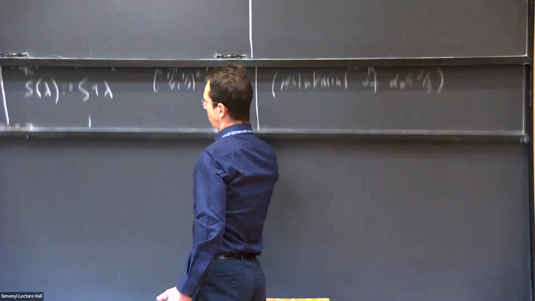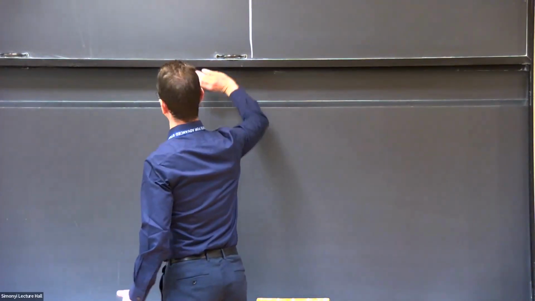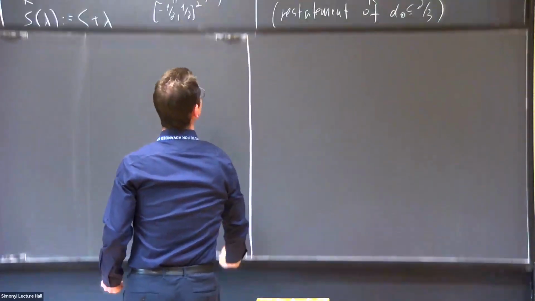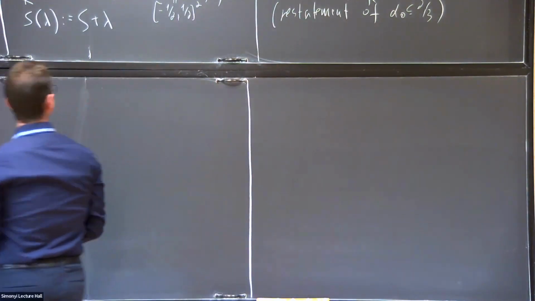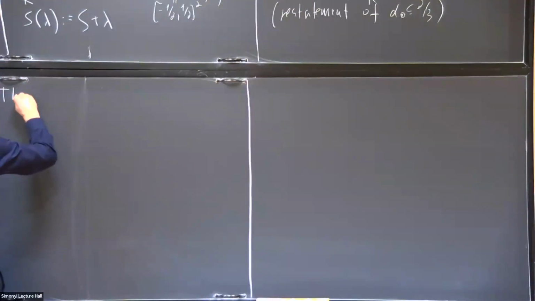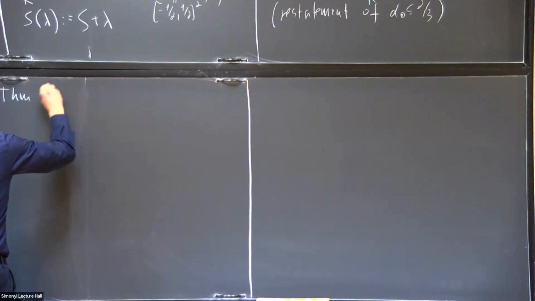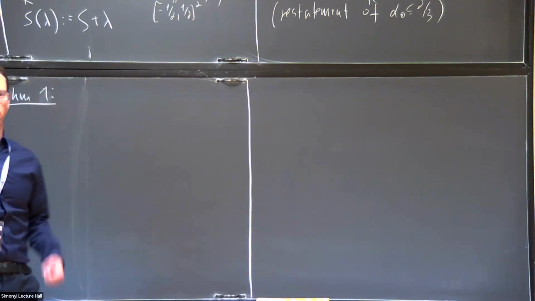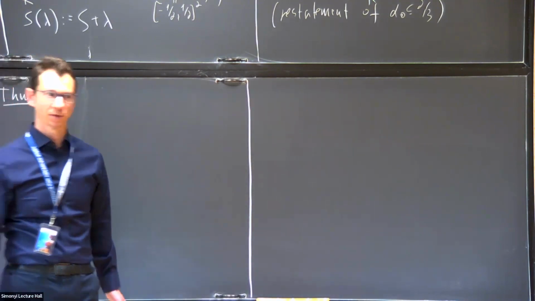I'm sorry, I'll have to change the natural order of this board. Okay, so theorem 1 concerns the variance and the limit distribution of these numbers.